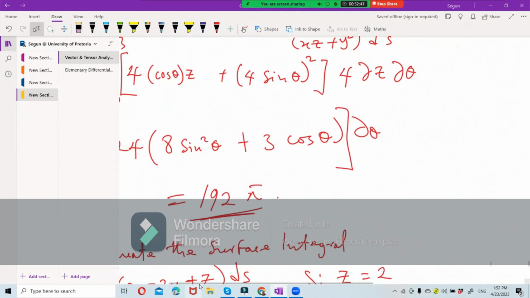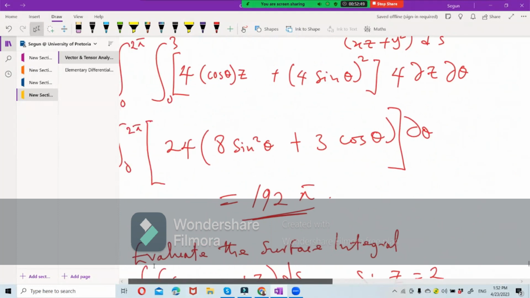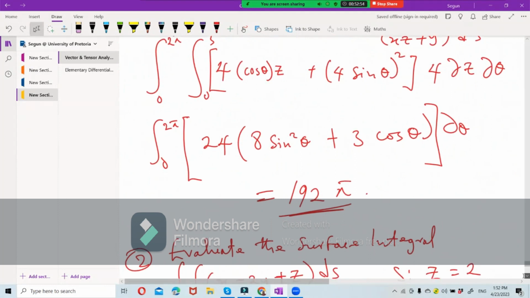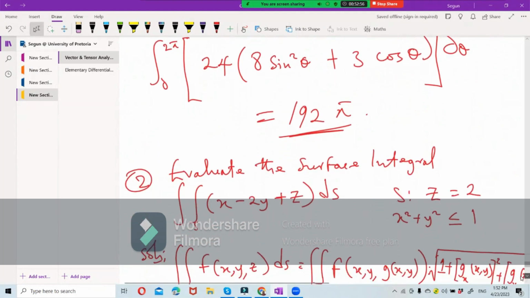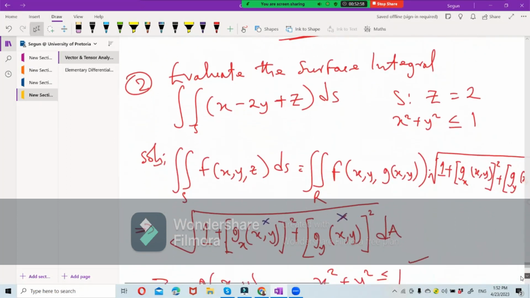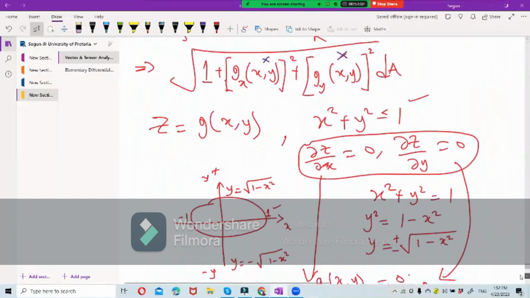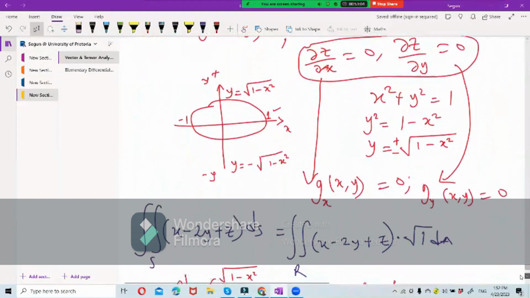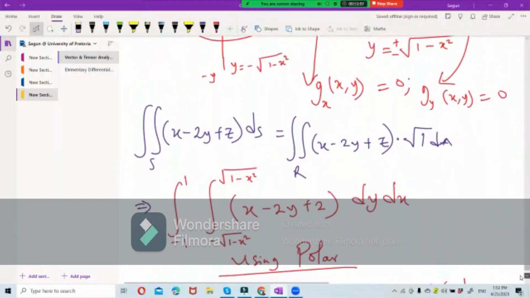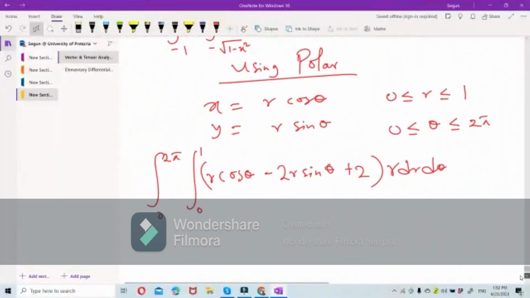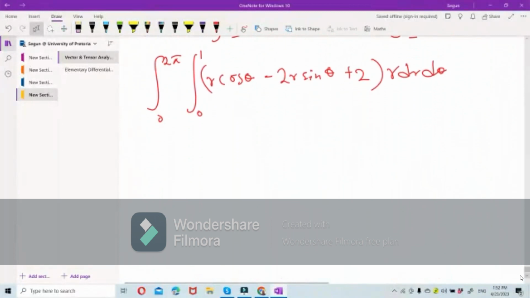So it's more or less the same thing as what we are doing now. So always remember when you get to this point, we have r dr d theta. Now that we have the r dr d theta, we can now proceed and solve the problem.